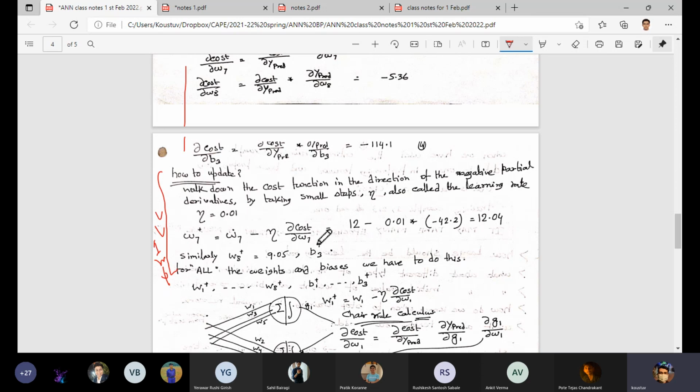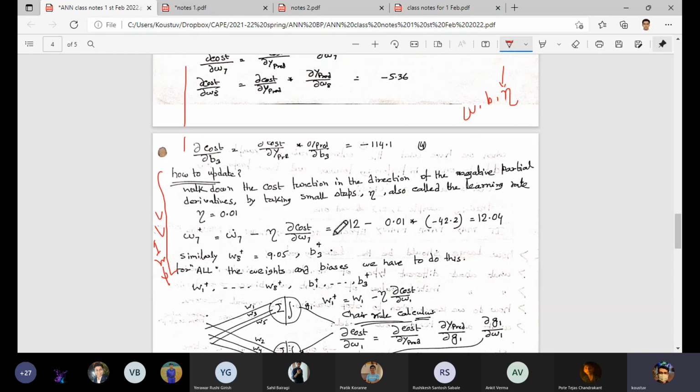Just as weights and biases are important model parameters, this eta, the learning rate, is also equally important. It almost dictates or governs the optimization routine, or rather the training of the neural network.